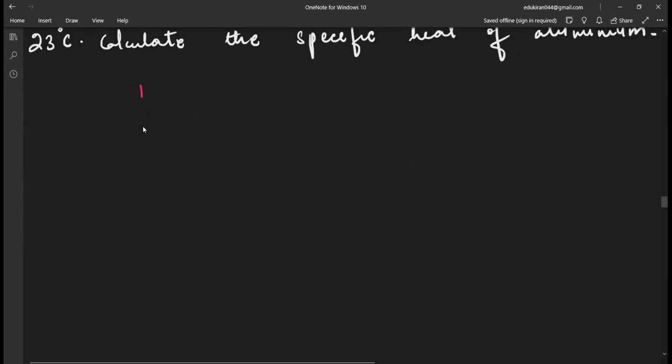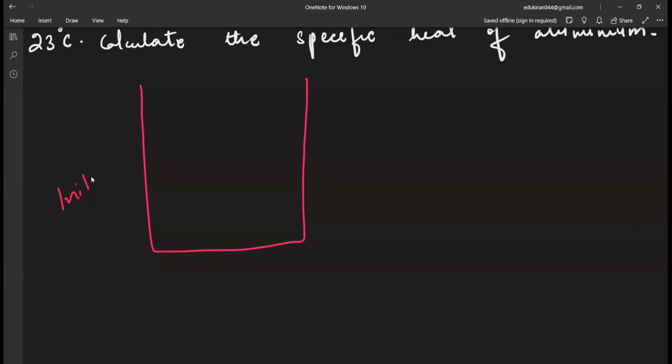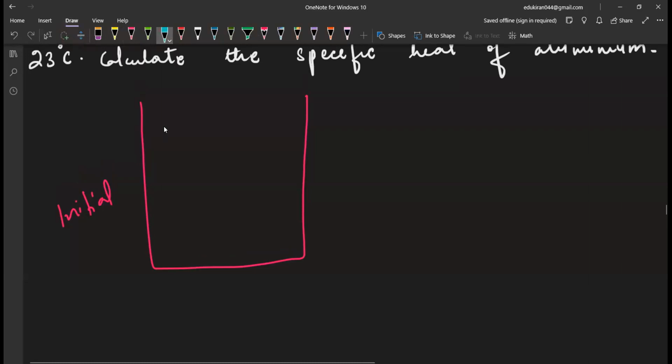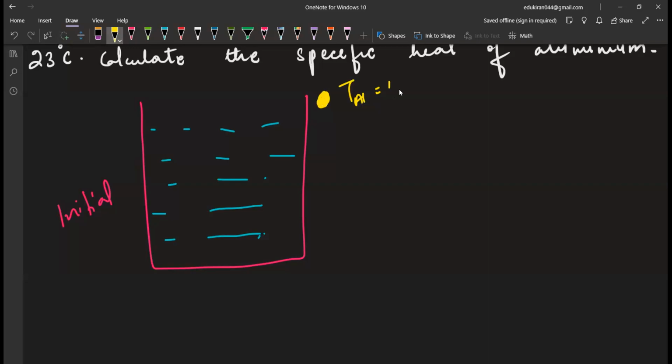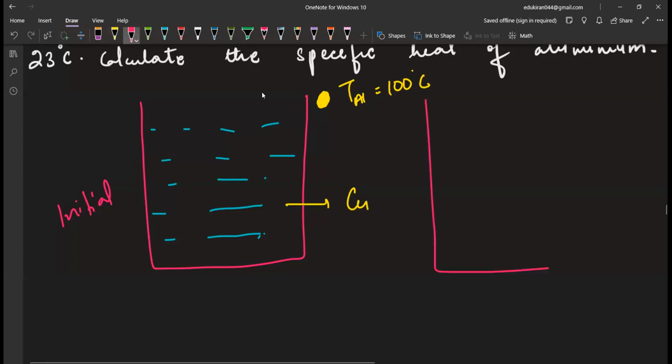Basically, what is happening initially is this case. This is the initial case. The copper vessel is filled completely. Aluminium is present outside, which is at 100 degrees Celsius. This is copper. Then finally, what is happening? I'm taking the same copper material.